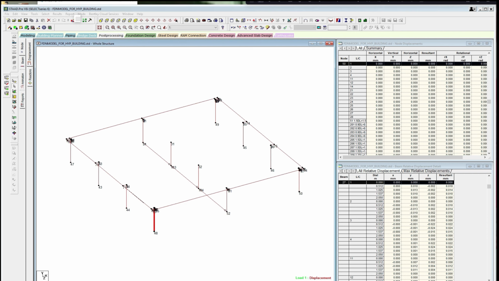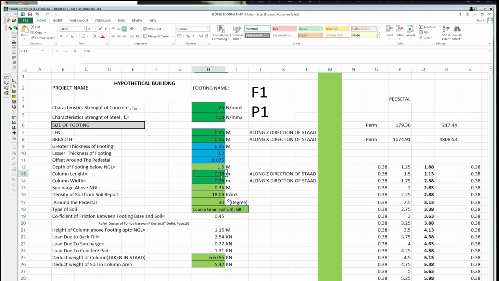So let us take 0.75 meter length and 0.653. You have to be careful about which is the length and which is the width in this Excel sheet with respect to the STAAD file, otherwise it could produce an uneconomic design of the footing. Let us consider the plinth level as 450 mm above the natural ground level.